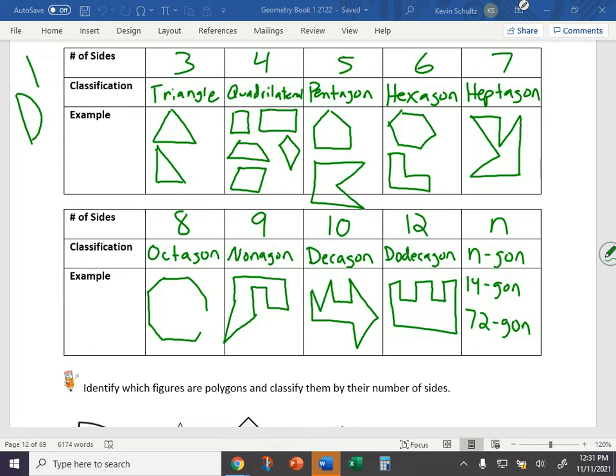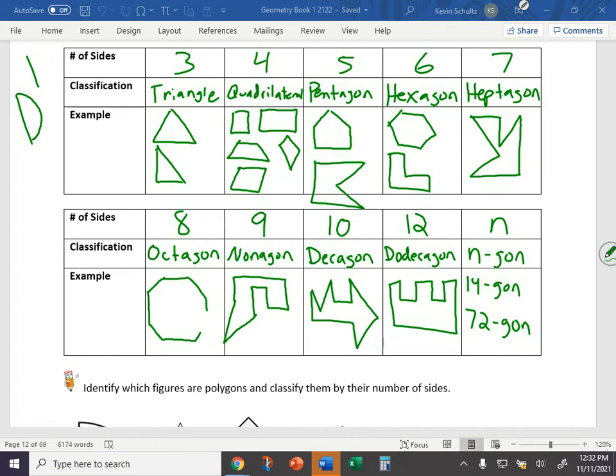A pentagon is the more specific name than a 5-gon. But yes, technically, you can stick the number of the sides in front of all of these, and it's that many-gon. Yes? It has to be segments for it to classify as an enclosed figure.